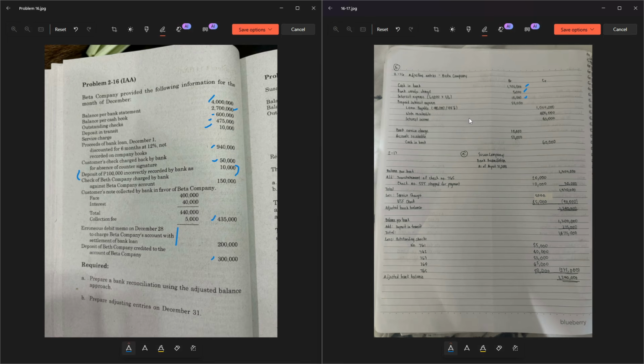And then note receivable of 400,000. Interest income of 40,000. Note receivable, it came from the face value of the customer's note collected by the bank. And the interest income came from the interest with the note. Then the loan payable, it came from the proceeds of bank loan. Same as this one, the interest expense.